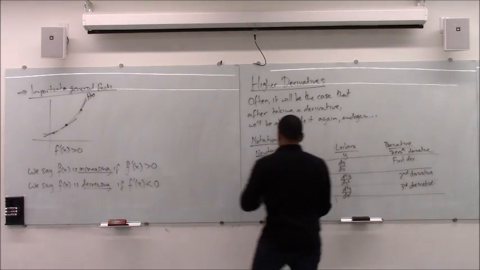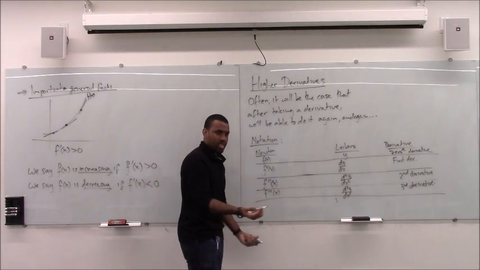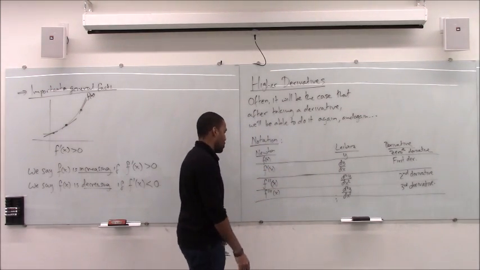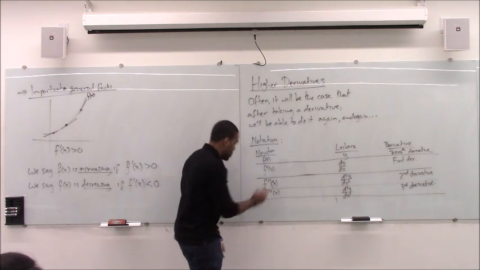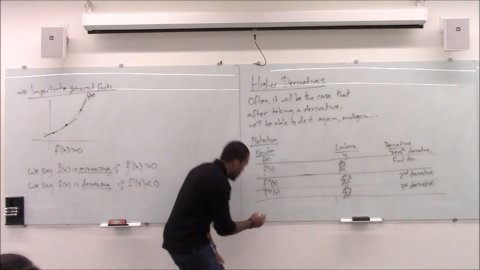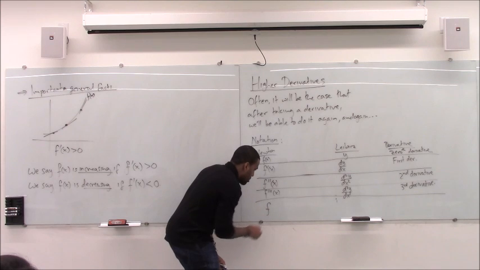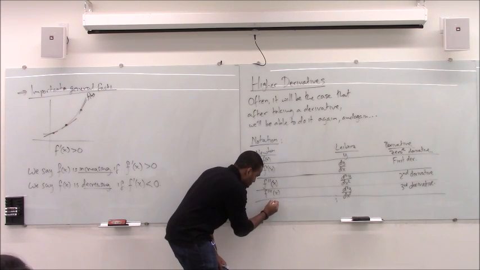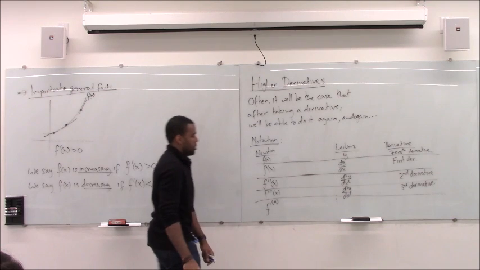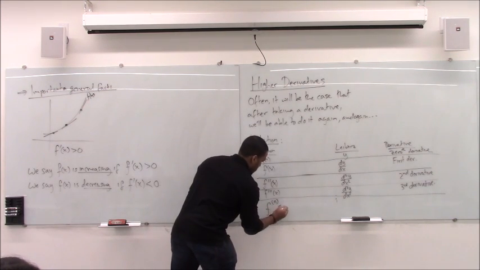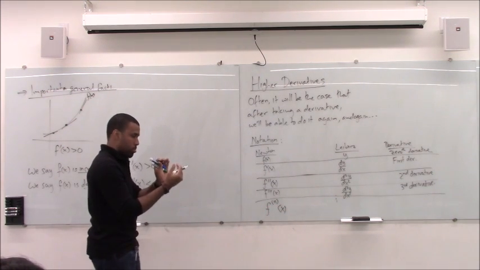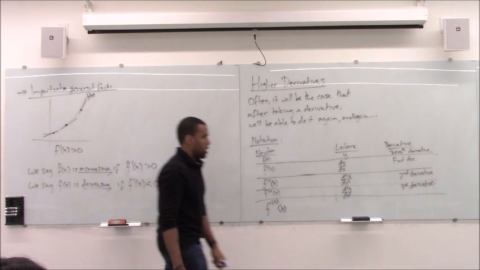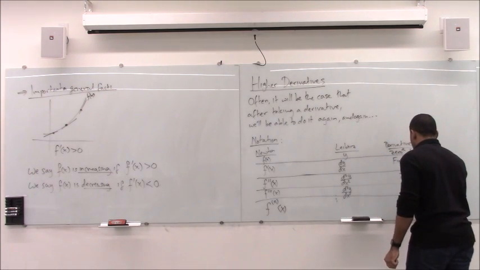Eventually, writing a bunch of notches is just going to get really annoying. What if we want to talk about the 15th derivative? Who's going to count off 15 notches? Eventually, when the numbers get higher, usually higher than 4, we instead put a power in parentheses. So it's written like a power, but with parentheses around it, and that's the nth derivative.